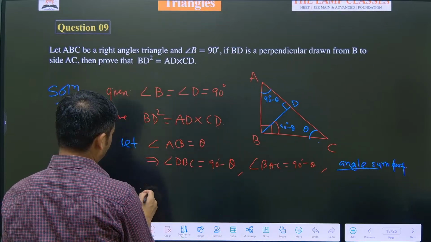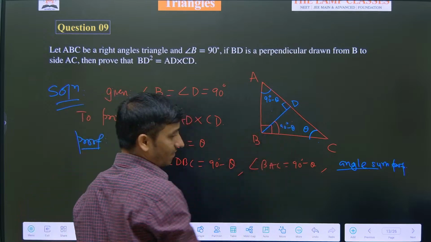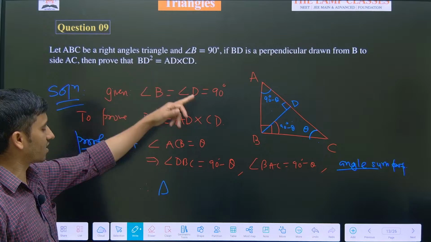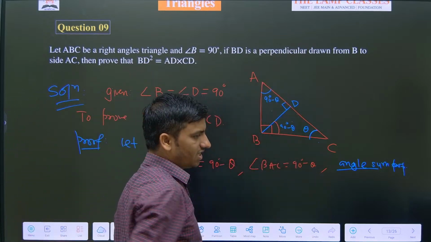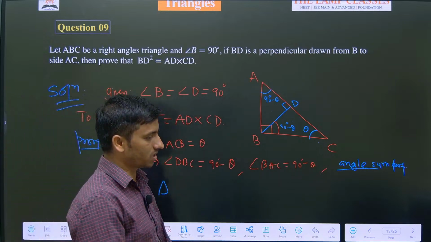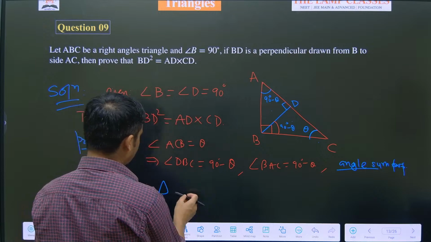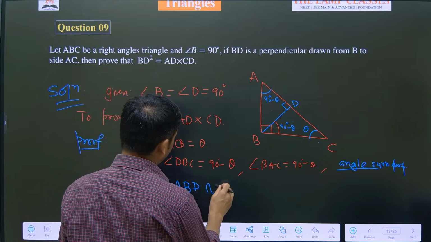So, these 2 smaller triangles we shall prove similar to get this result, right? If they had involved the sides AB, BC and AC, then we should have thought of the bigger triangle and the smaller triangle being similar. So that's why we can say triangle ABD is similar to triangle.